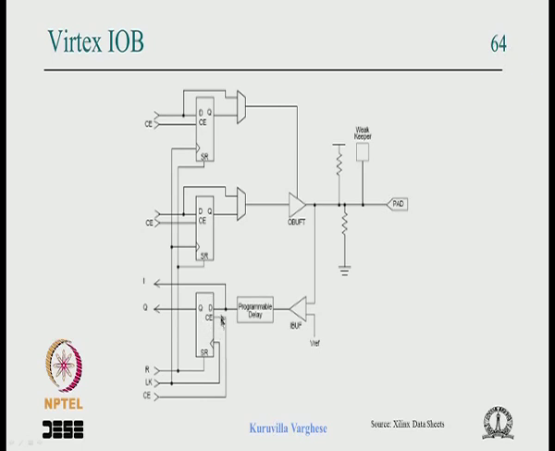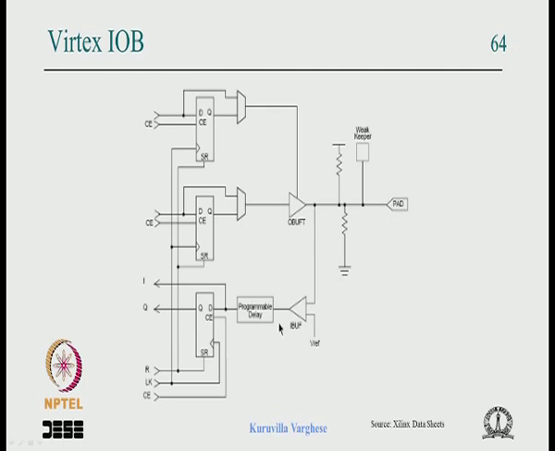We talked about the synchronizer, single stage synchronizer. So you have the option of taking the input directly inside to connect to the wires, or through a synchronizing flip flop, and that flip flop has clock selection, multiple clocks, clock enable, reset, all that, as in all the flip flops.